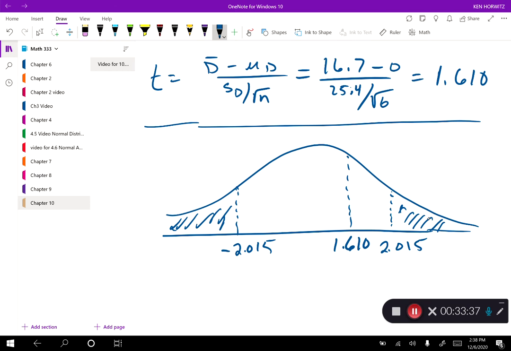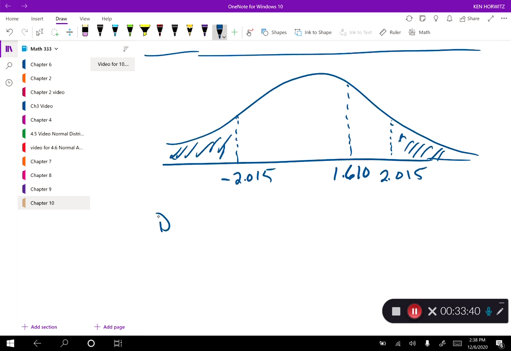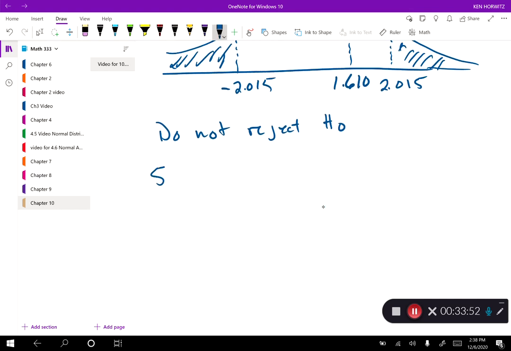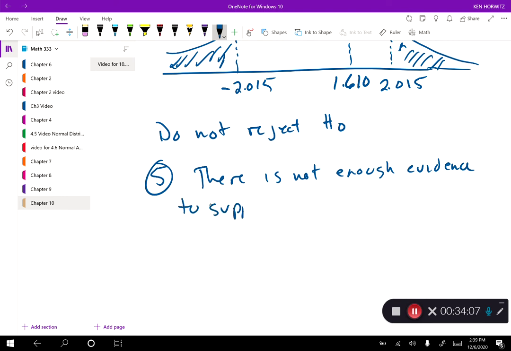So our decision is we do not reject our null hypothesis, which means there is not enough evidence to support the claim, and again, you finish the sentence, tie it back to where it was before.